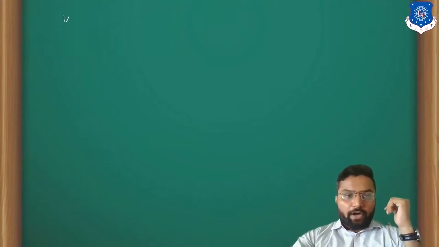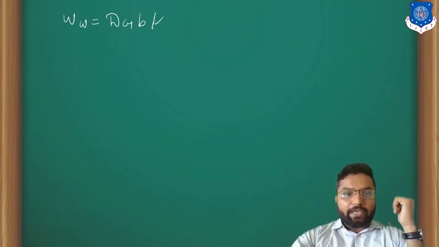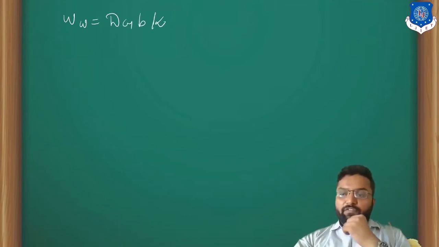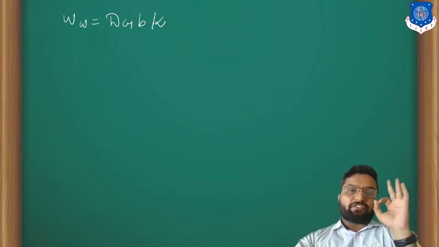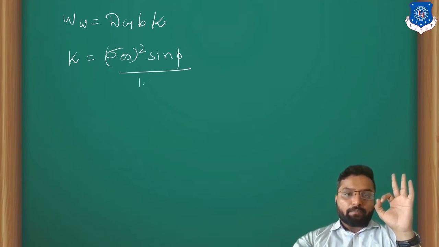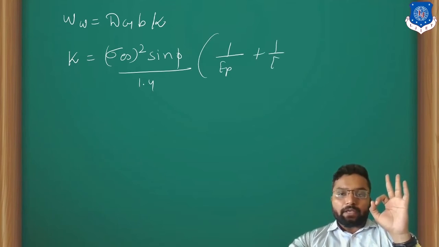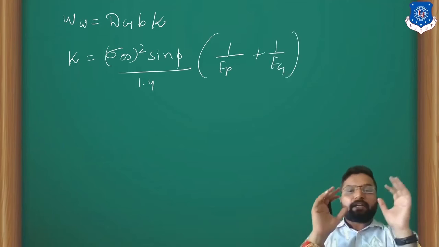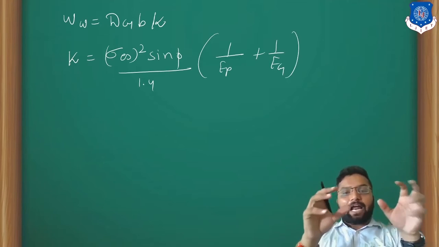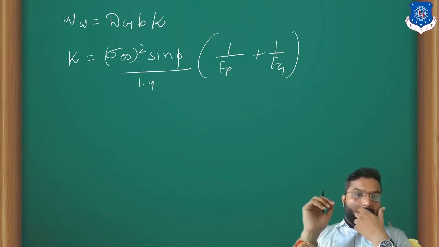Wear load Ww equals Dg into B into K, where Dg is the diameter of the gear, B is our face width, and K we can find from sigma es square into sine phi divided by 1.4 into 1 upon Ep plus 1 upon Eg. Clear? For this particular gear, we can take it as a standard value. We will discuss it when we deal with an example.